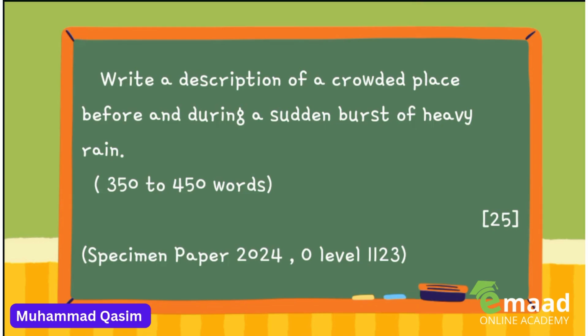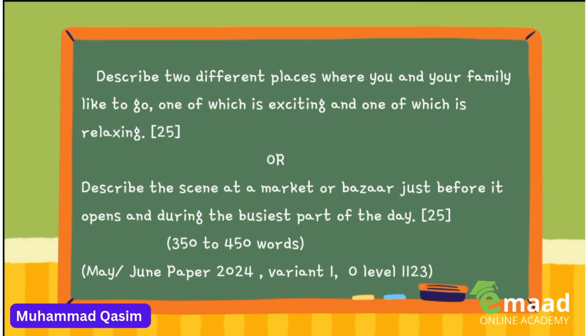Okay, they have not asked you what happens after it, but during a sudden burst of heavy rain, everything is quickly washed away. There can be a storm at the beginning of the sudden burst of heavy rain. You can add the description of the storm as well. In this way, do good brainstorming before you start writing a descriptive piece of text.